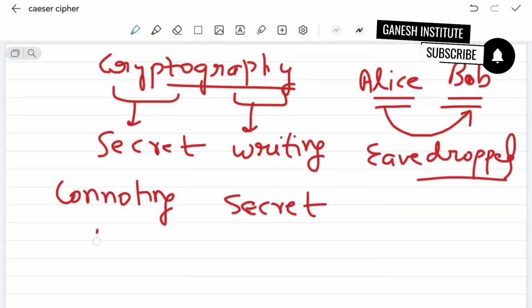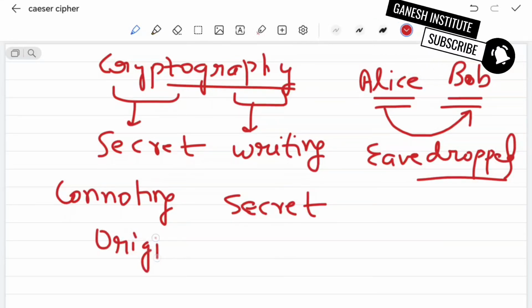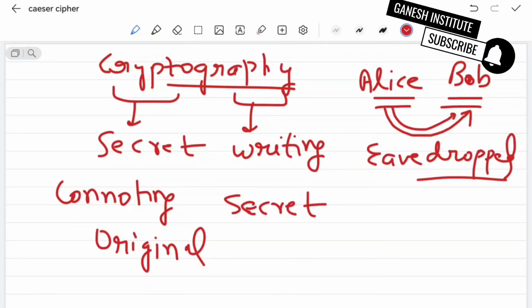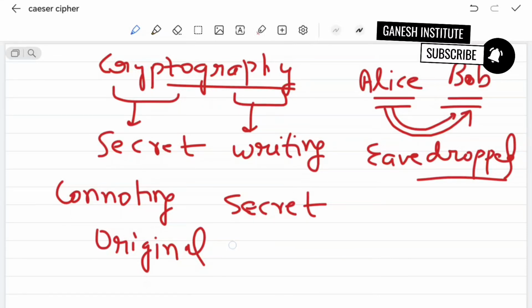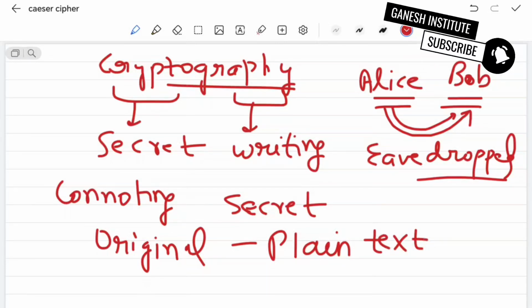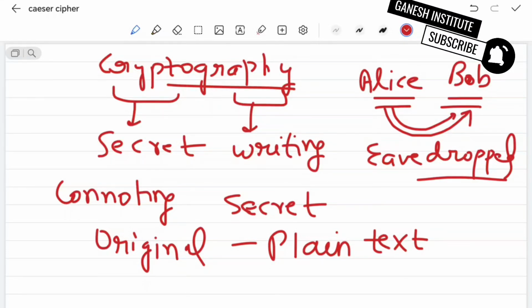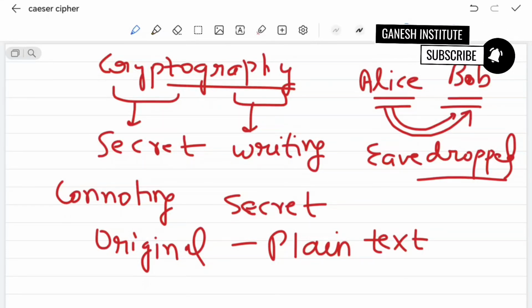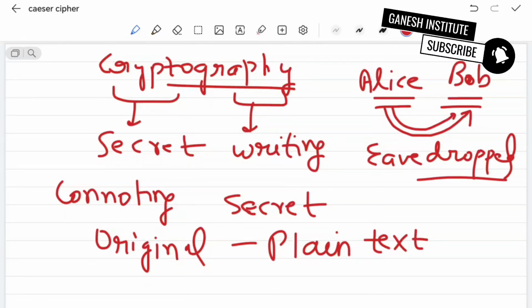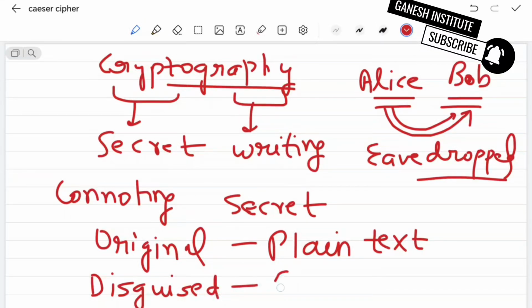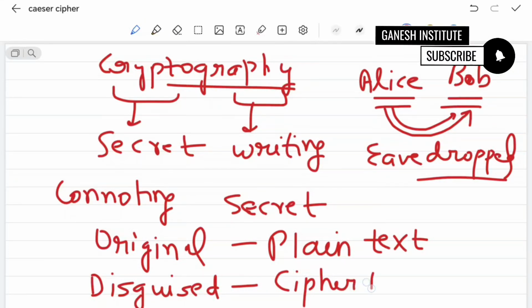The original message which Alice wants to send to Bob is called plain text in cryptography. And when we don't want to change the original message but want to cover it up in terms of disguise, that disguised message is ciphertext.